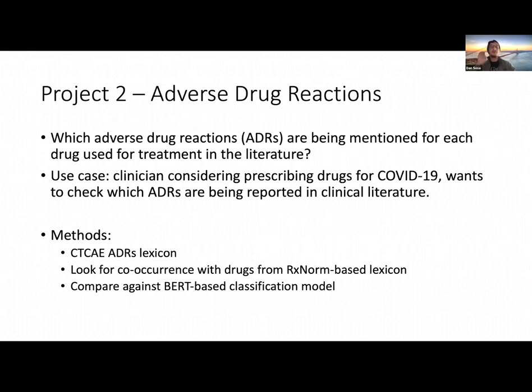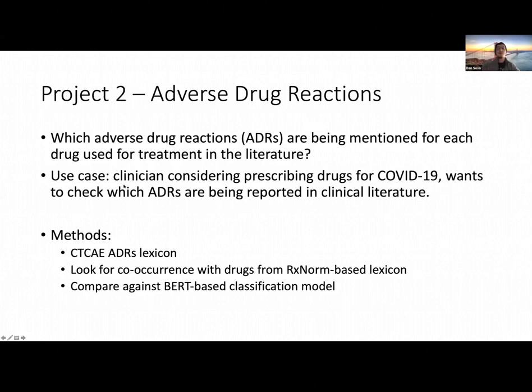Another project we're pursuing is adverse drug reactions. So you use a drug, and often the drug might have undesirable effects. And so we want to be able to detect which adverse drug reactions are being mentioned for these drugs being used in the literature. And in a similar way to round one, present these in a dashboard so that you could see the general trends we're observing for different treatments.